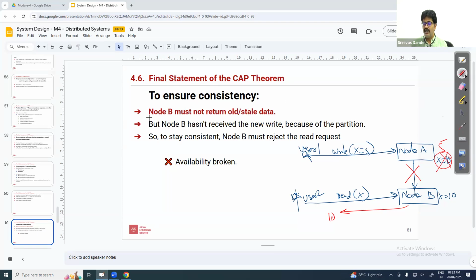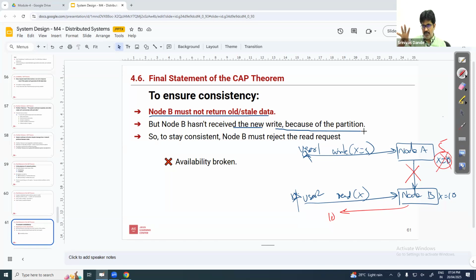Then node B must return recent updated data, that is x equals 5 in our context. If node B is returning the latest value of x, which is 5, then you can say it is a consistent system. But node B has not received the new write because of partition.